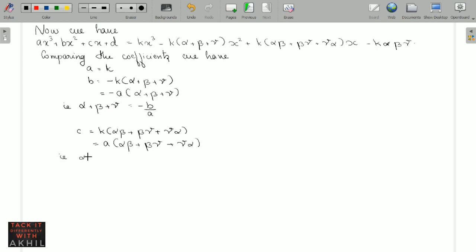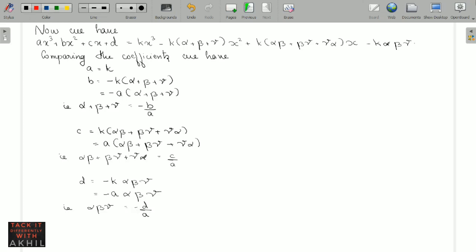Therefore we have alpha beta plus beta gamma plus gamma alpha equal to c by a. And last we have d equal to minus k into alpha beta gamma, that is minus a into alpha beta gamma. Therefore we have alpha beta gamma equal to minus d by a.